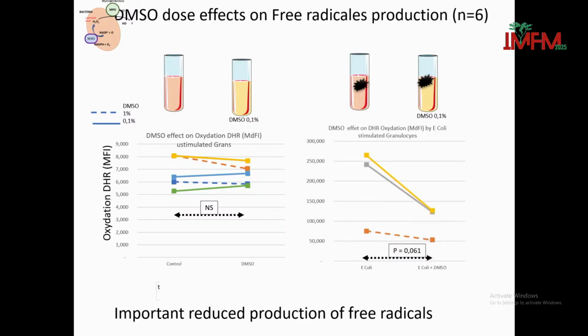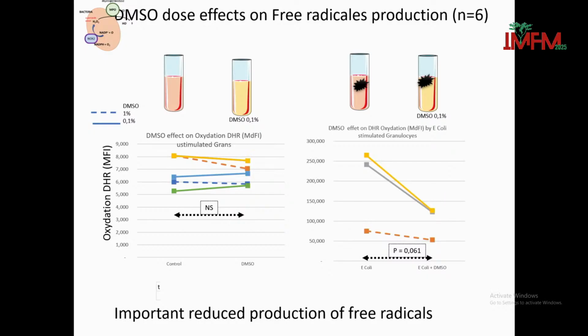And we have checked the quantity of fluorescence produced by the different conditions. In the non-stimulated cells, we don't see any difference between the samples and the samples with DMSO. We don't see any difference in the production of free radicals, which is very low because the cells are not stimulated. If we stimulate the cells, the scale is much, much higher.